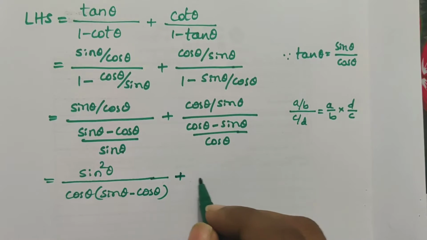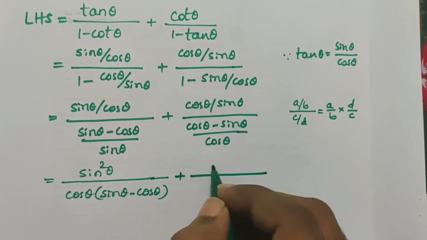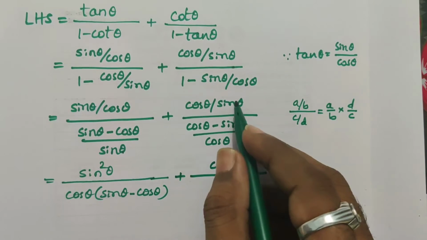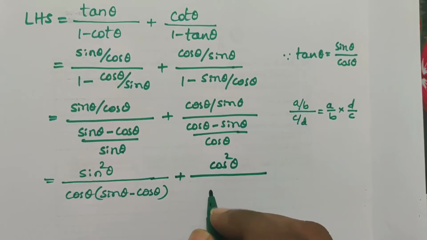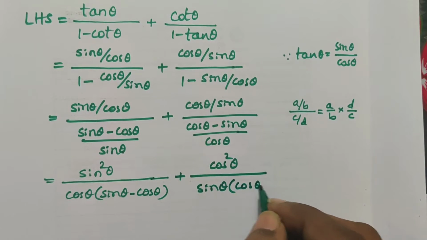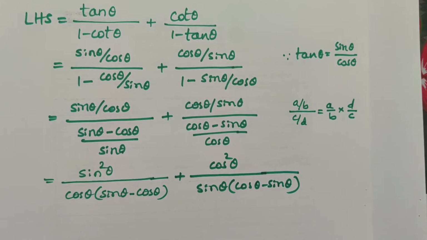The same way for the second one also, this cos will go with that numerator, that becomes cos square theta, and then that sine will come with this denominator. So I will write sine theta into bracket cos theta minus sine theta.